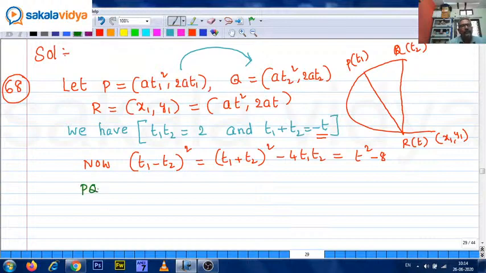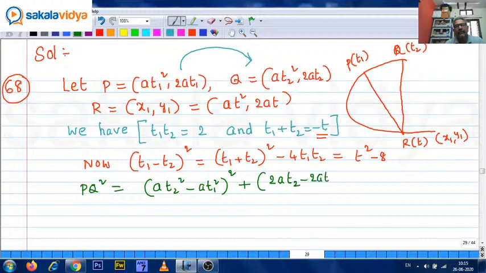PQ square. PQ square means we can write a t2 square minus a t1 square whole square plus y2 minus y1, 2at2 minus 2at1 whole square.